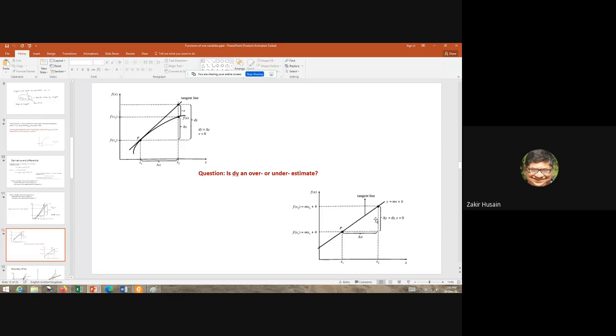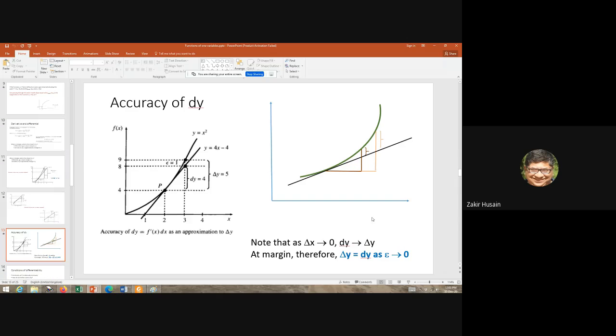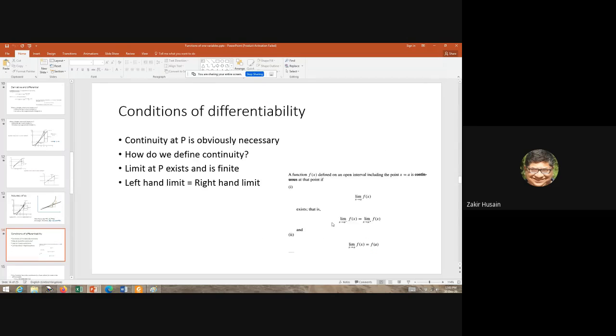Here there's no difference. Now, why we still rely on dy/dx is that as delta x becomes smaller and smaller, the error term disappears. Epsilon tends to 0. So in the limiting case, dy and delta y will be the same.